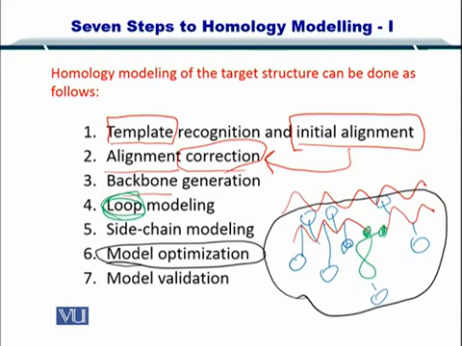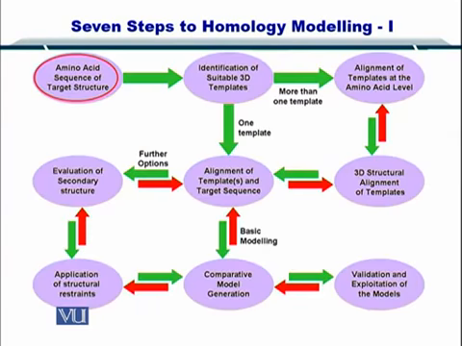Once you have optimized it, all you need to do then is to validate it versus the known protein structure. So let's take a look at these 7 steps in a flowchart.